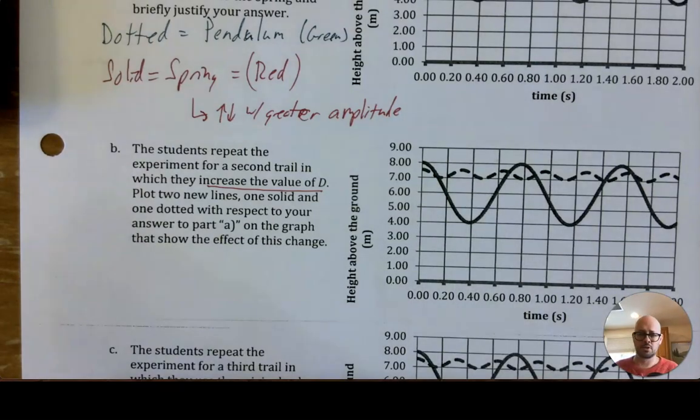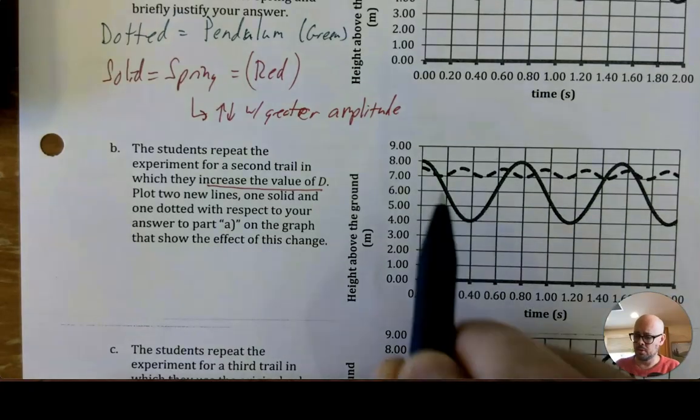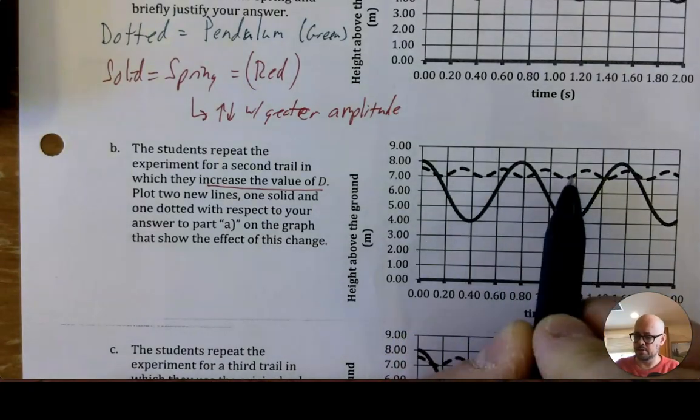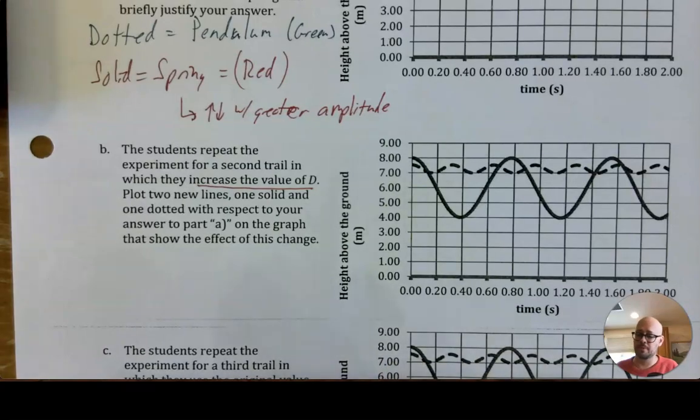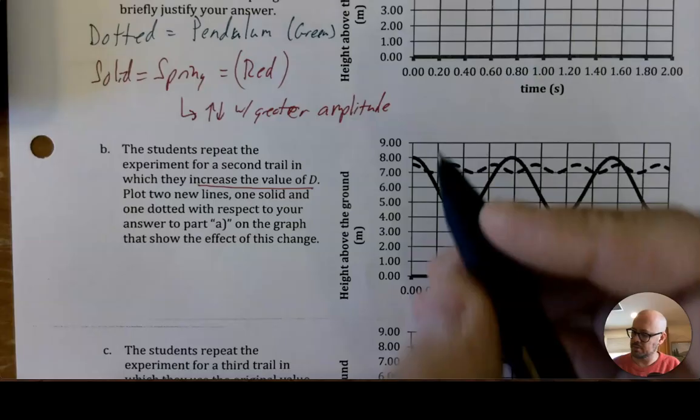The pendulum is on a string, and that string doesn't stretch. So the lowest point that the pendulum reaches is going to stay the same. The only difference is the highest point that the pendulum reaches is going to get a little bit bigger. So for the pendulum, the only thing that's going to change is that starting height.